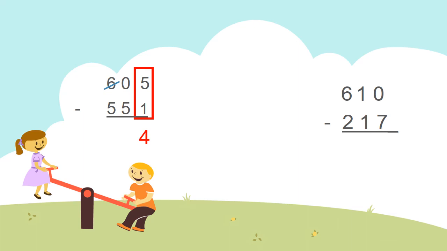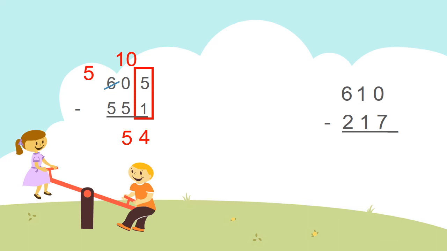I don't have anything, I cannot take 5. So what am I going to do? I'm going to take from my hundreds. My hundreds become 5, and then change this one to 10 tens. Now I have 10. Now 10 minus 5 is 5, because 5 and 5 is 10.